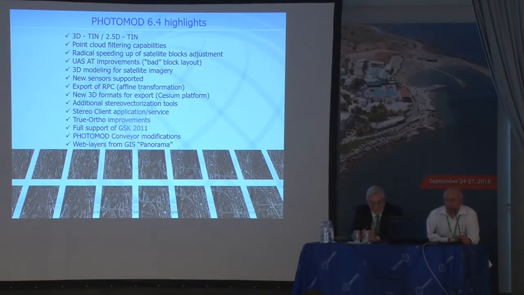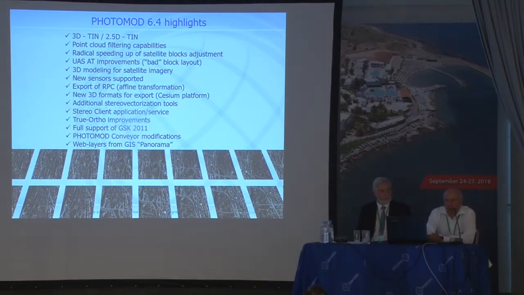I will be brief. You will see everything during the master class, where we'll be able to really look at all the details. This is the list of all the innovations and new functions in version 6.4: 3D model, which is built on 3D tin or 2.5D tin, despite the fact that 2.5 is a jargon for us, but it also reflects the reality here.